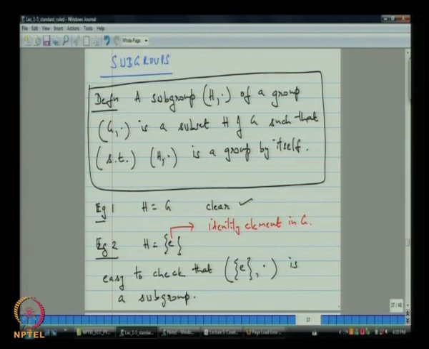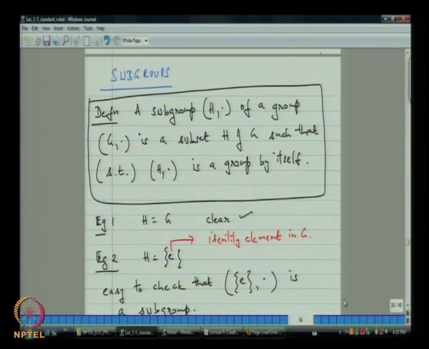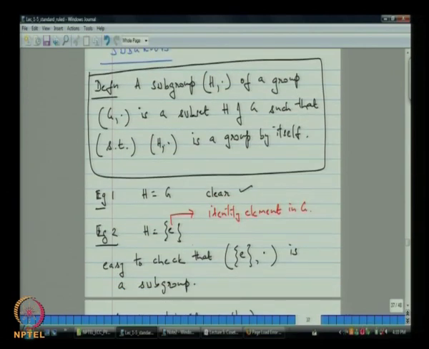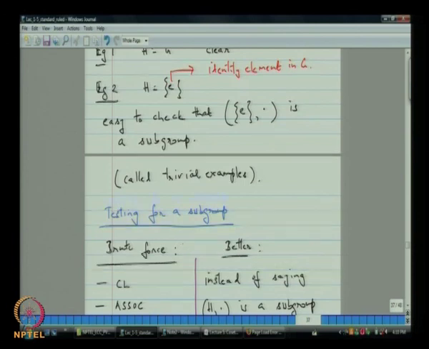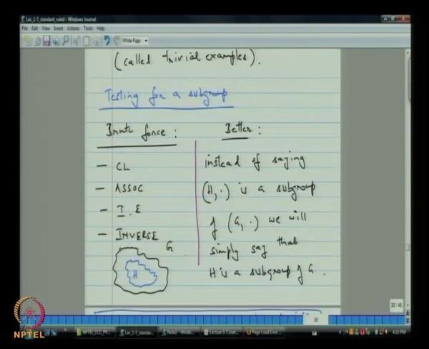We looked at some trivial examples of subgroups, that is the group itself and then the subgroup that consists of a single element, namely the identity element. These are called the trivial subgroups.